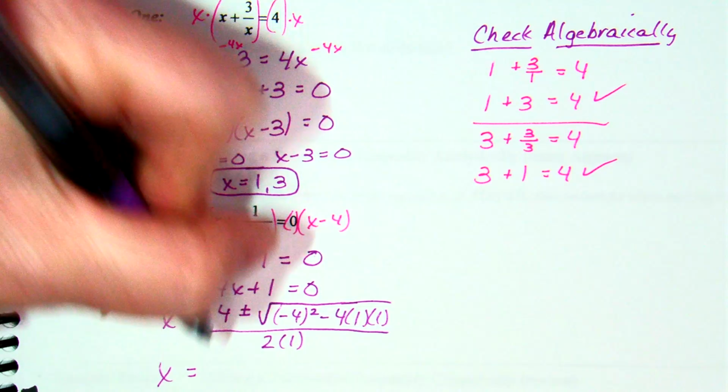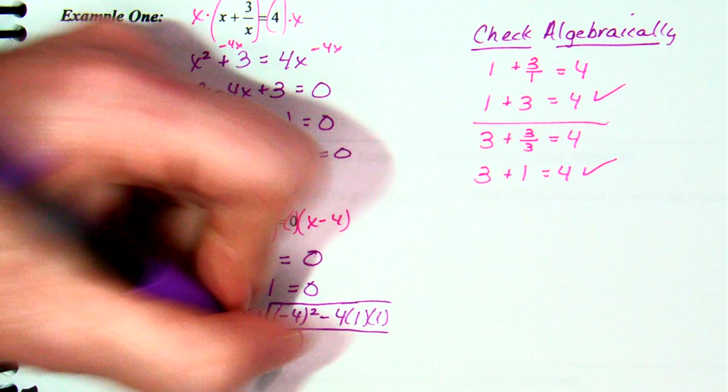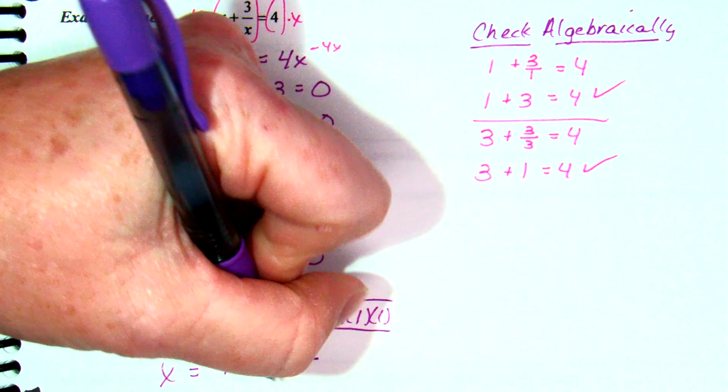Clean it up. 4 plus or minus, what do we have happening under the radical? It becomes 16 minus 4, and 16 minus 4 is 12. So that is the square root of 12 all over 2.